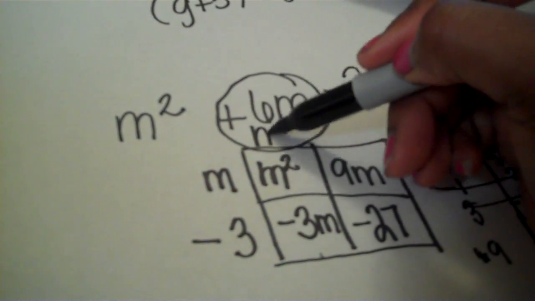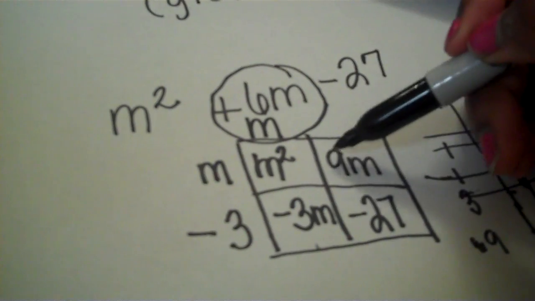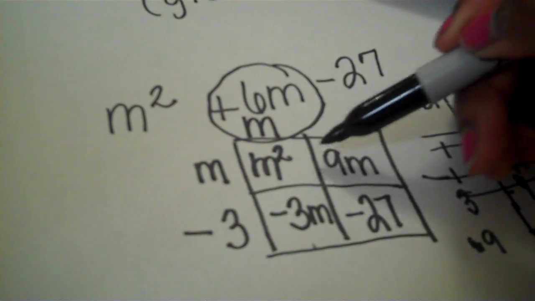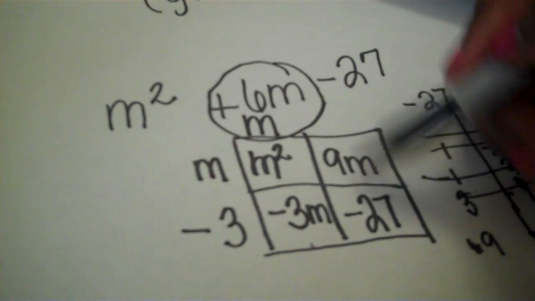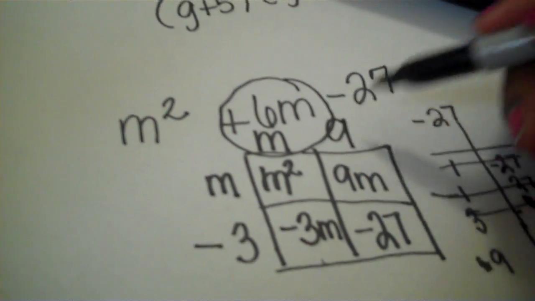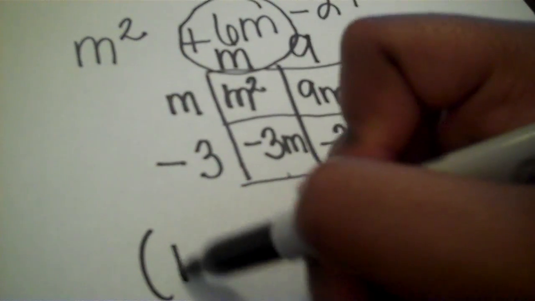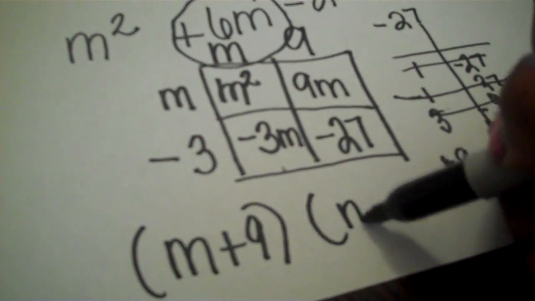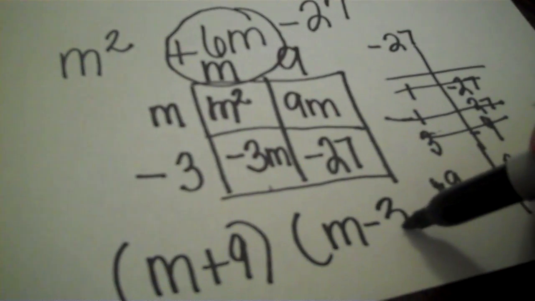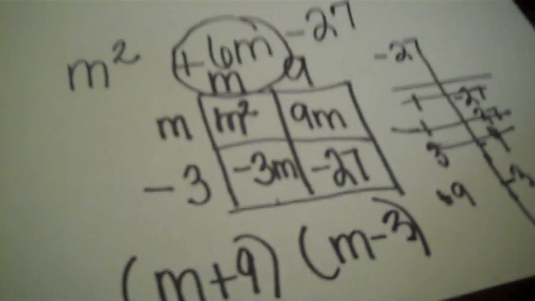So I'm going to pull out an m. In this box, even though this one is negative, this box is the leading box, so it's a positive GCF. 9 and 27 is 9. So you have m plus 9 times m minus 3. And again, we'll do more examples in class.